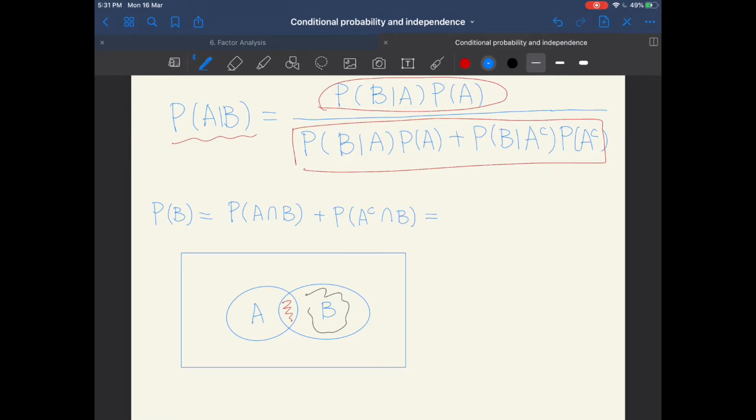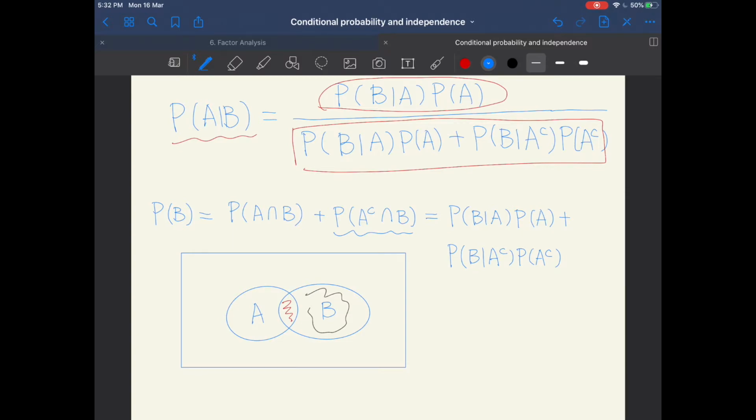And we know that probability of A intersect B is actually probability of B given A multiplied by probability of A, by definition of conditional probability. And then if you look at the second part, by definition of conditional probability, we know that this expression is the same as probability of B given A complement multiplied by probability of A complement.